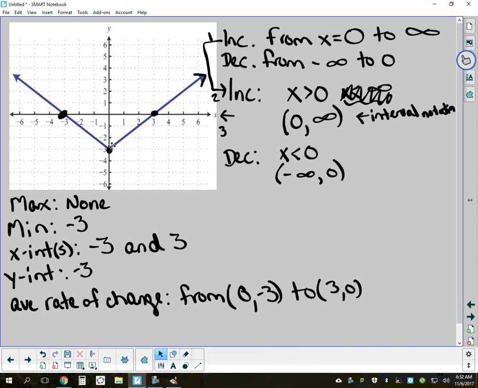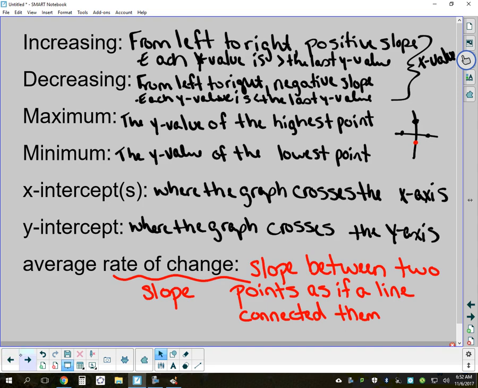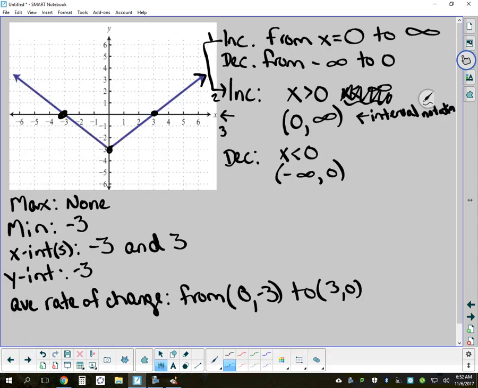The average rate of change between them is the slope between the two points as if a line connected them. In this case, we have a line connecting them, so we don't even have to imagine anything. So all you need to do is count your slope like you always have. Up 1, 2, 3, over 1, 2, 3. So your slope there, remember m is for slope, would be 3 over 3, but we always simplify, and that would just be 1.